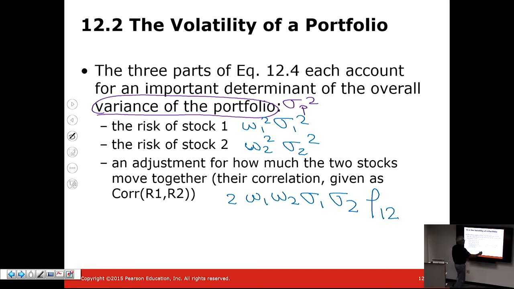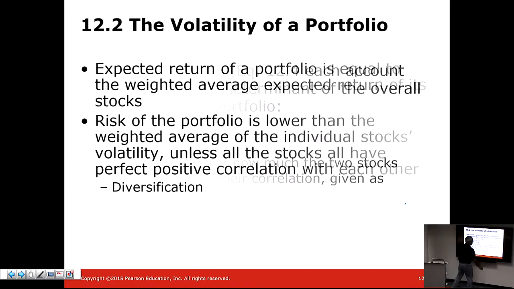So the first part measures the standalone risk from stock 1. The second part measures the standalone risk from stock 2. And the third part takes into account the interactive risk to see if some of the unsystematic risk that we had spoken about before can be mitigated, can be reduced, can be eliminated if possible. So that's what the third part is trying to measure.